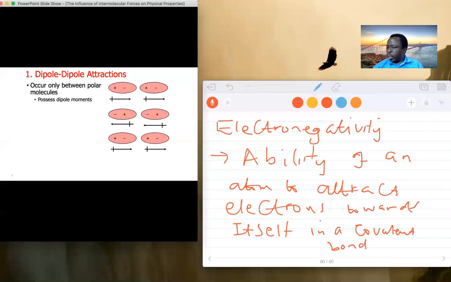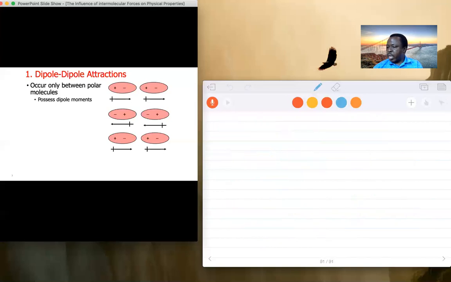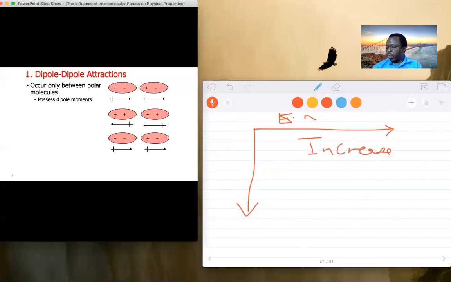This term, electronegativity, means the ability of an atom to attract electrons toward itself. This is the trend on the periodic table, the periodic table you see on my whiteboard.